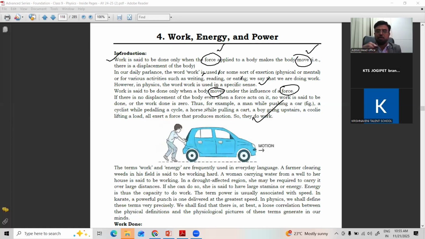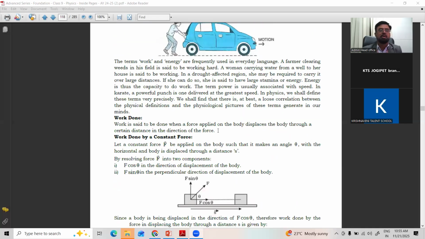Then a cyclist while pedaling a cycle. A horse pulling a cart. A boy going upstairs. A coolie lifting the load. All these are examples of work done in physics also. Right? So we'll see more examples and more explanation about this.